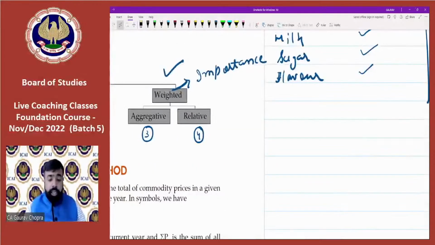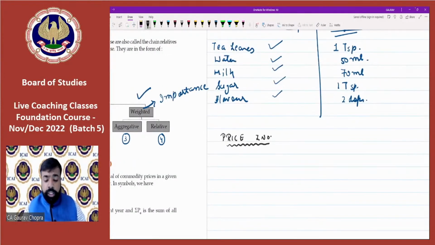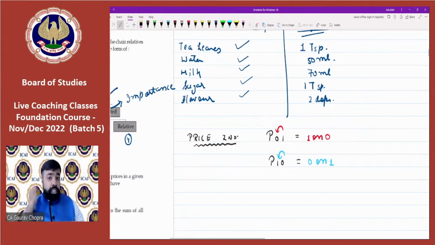Now, if we want to calculate price index number, then there are two notations which are normally used. One is P01 and second one is P10. P01 is read as 1 on 0, whereas P10 is read as 0 on 1.